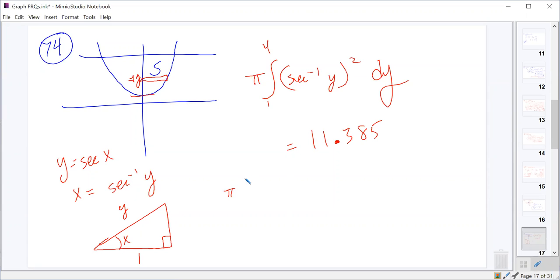It should work out doing 1 over the inverse cosine, but you can also use any value on here. So we could do the inverse cosine of 1 over y, which would also work.